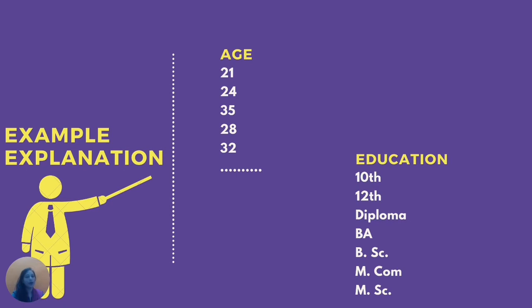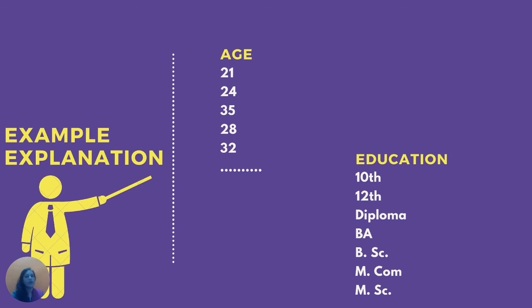For that I can create classes. According to the information available here, we have the minimum age as 21 and maximum as 35. So for example, I am taking two class intervals here, 21 to 30 and 31 to 40. With that we can classify them into the two classes.